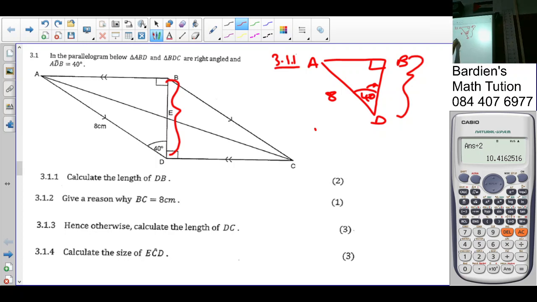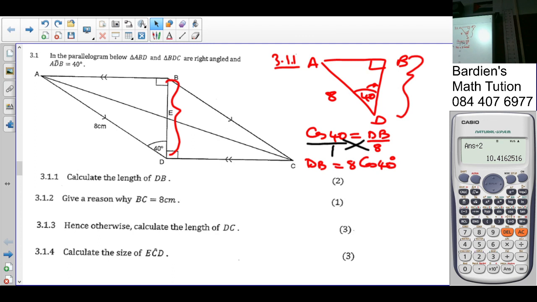Which is cos. So cos 40 is equal to DB over 8. Naturally this is over 1, we cross multiply. So DB is equal to 8 cos 40. Make sure there's a D on top, not for degrees. It's 6,13.